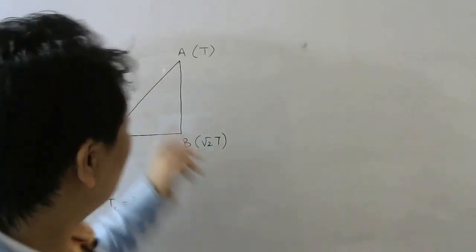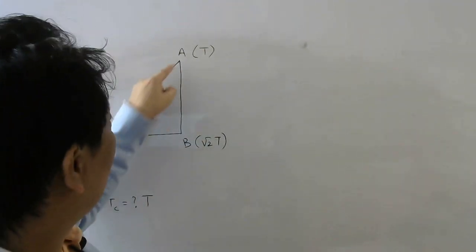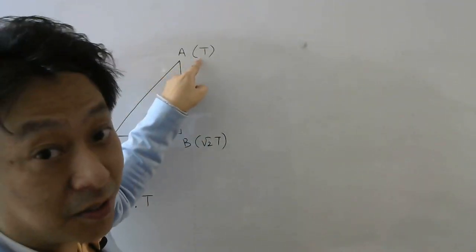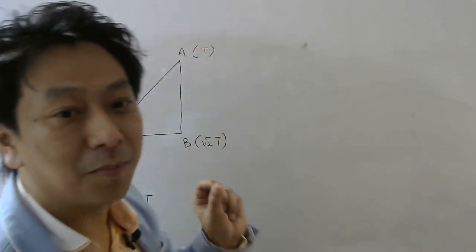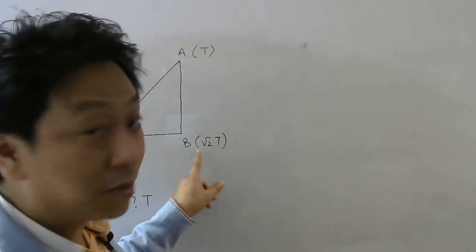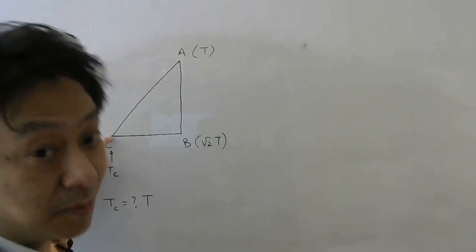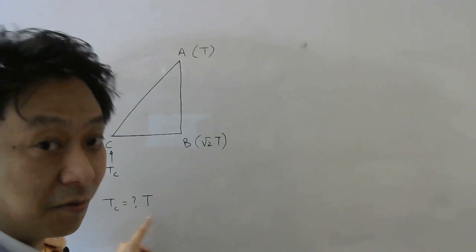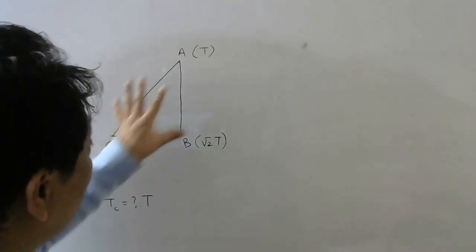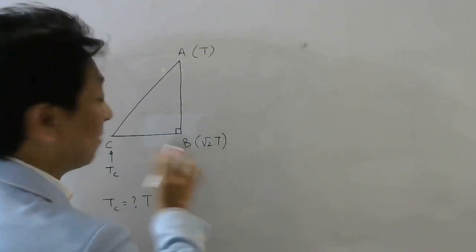So here is the diagram. The 3 rods form an isosceles triangle. The end A is maintained at temperature T. End B is maintained at temperature √2T. We have to find the temperature of this point Tc in terms of T. They told it is an isosceles triangle and the right angle is at B, remember.